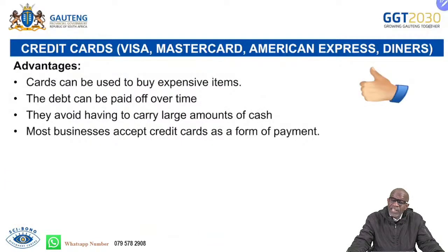Now let's look at the advantages of using a credit card. Cards can be used to buy expensive items. Say maybe you get into a shop and you always wanted a refrigerator. Now it's on special. Instead of paying 30,000, it's brought down to 20,000.